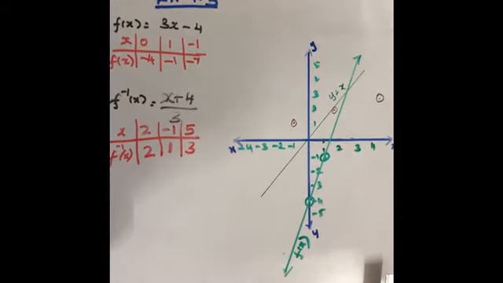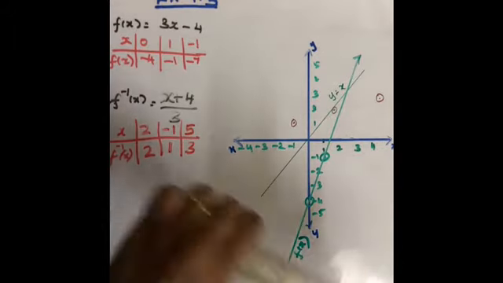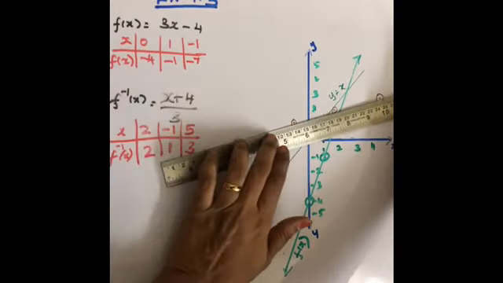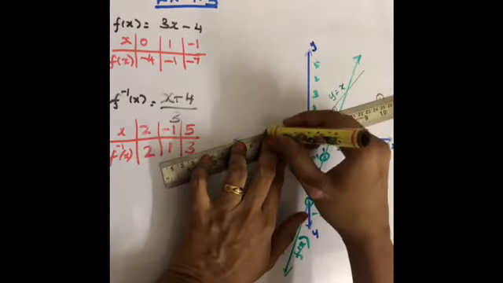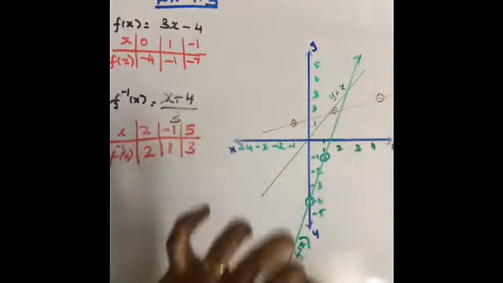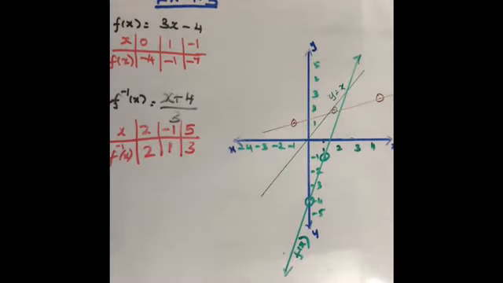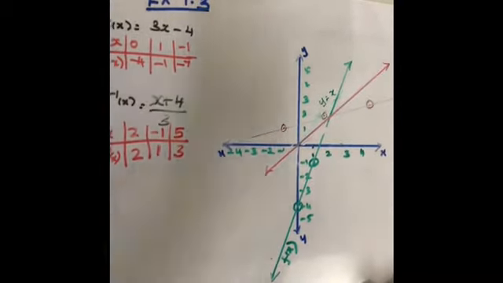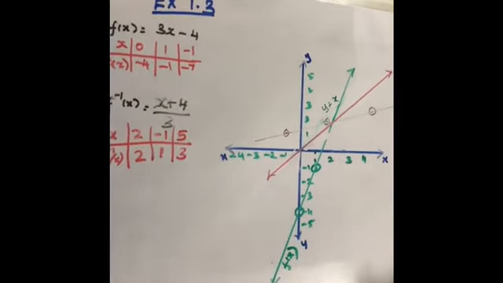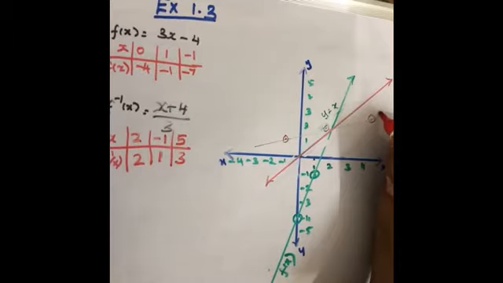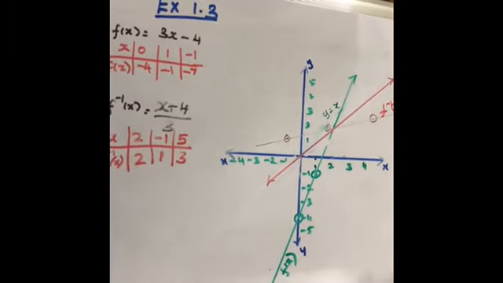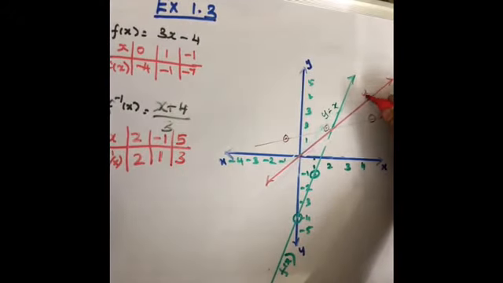Okay, so we'll draw a line for that function also. Okay, so now we have plotted the two lines. It is f of x and this is f inverse of x, according to these points, and this is our y is equal to x.